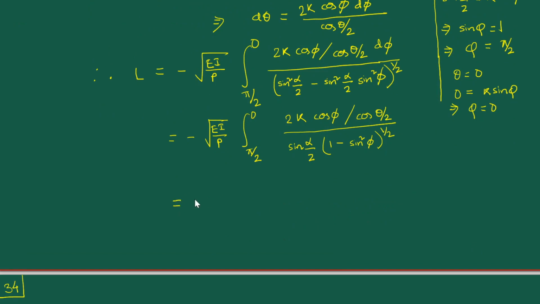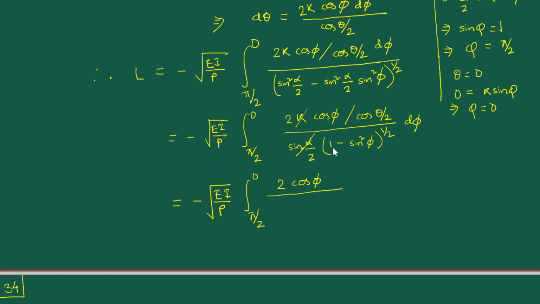So what we have here is this thing, and we have this d phi here, 0. So I am going to immediately cancel this k with this sine alpha by 2. What we are left with is twice cos phi.